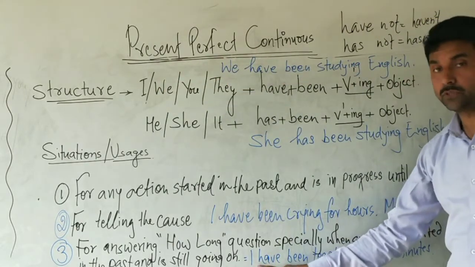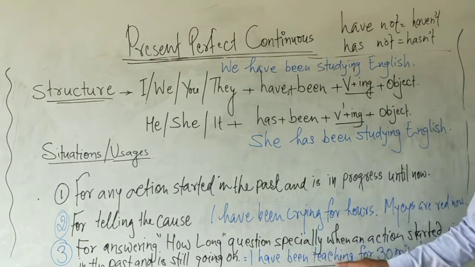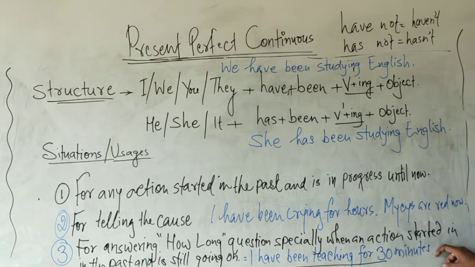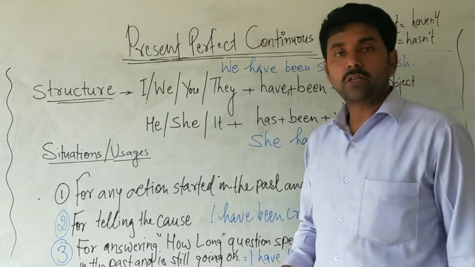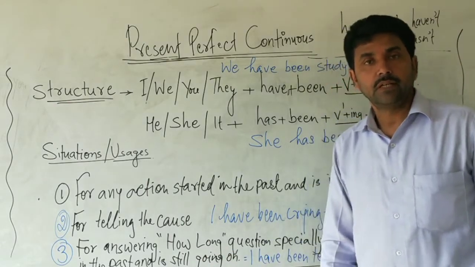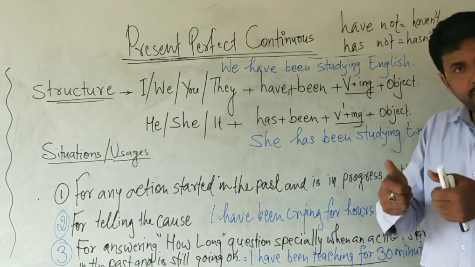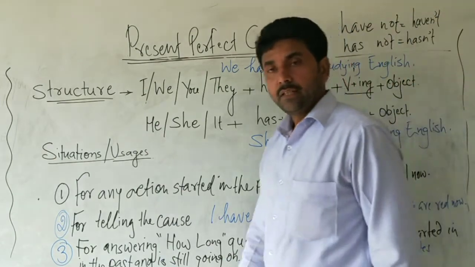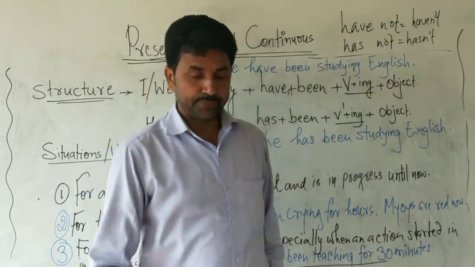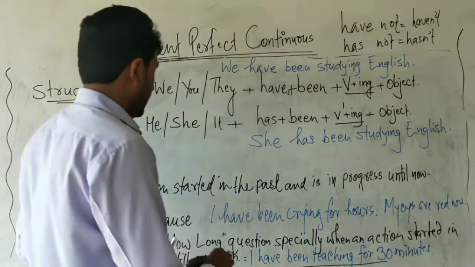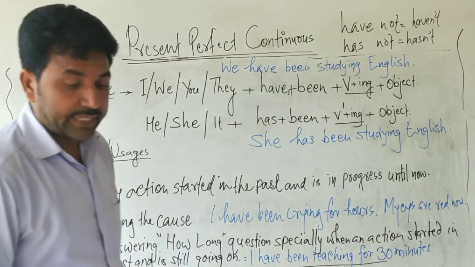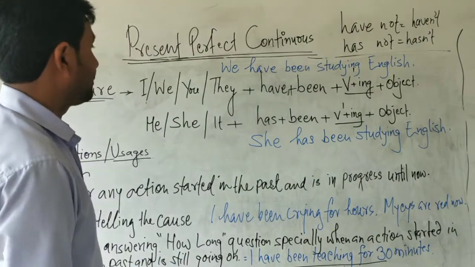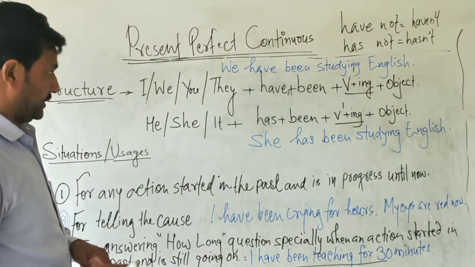So we can use present perfect continuous tense. The sentences will look like this. I have been teaching for 30 minutes. Right. So it can answer the question, how long have you been teaching? I have been teaching for 30 minutes. Okay. So let's see how we can form negative and yes, no question.